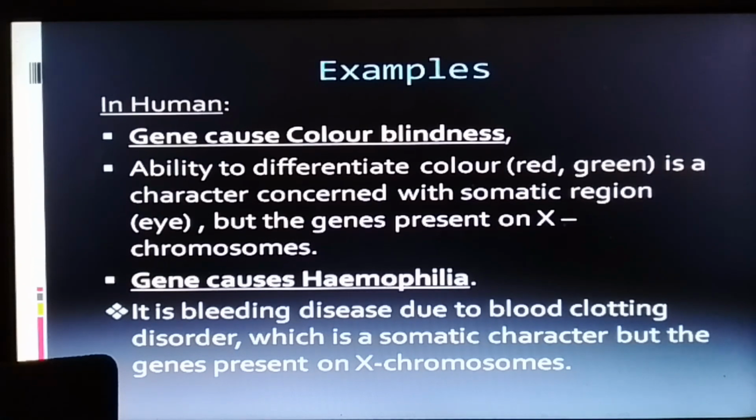But in certain cases where there is no such control, called haemophilia, the blood will flow continuously, and it may be considered a disease, a disorder. So these are the two familiar examples discussed for X-linked genes in humans.